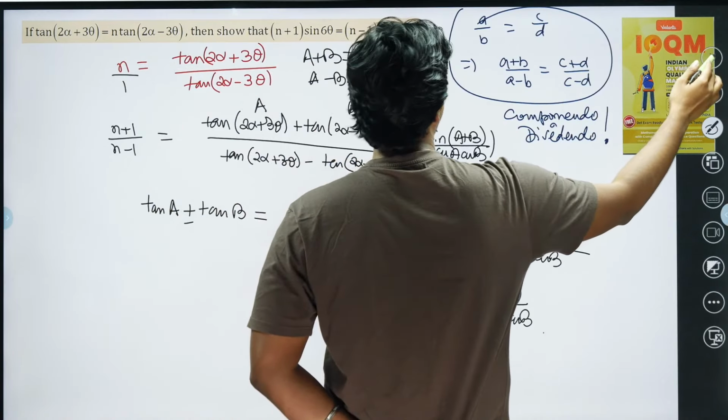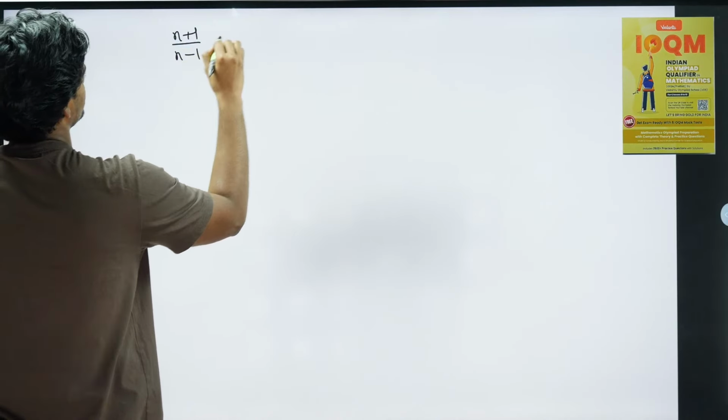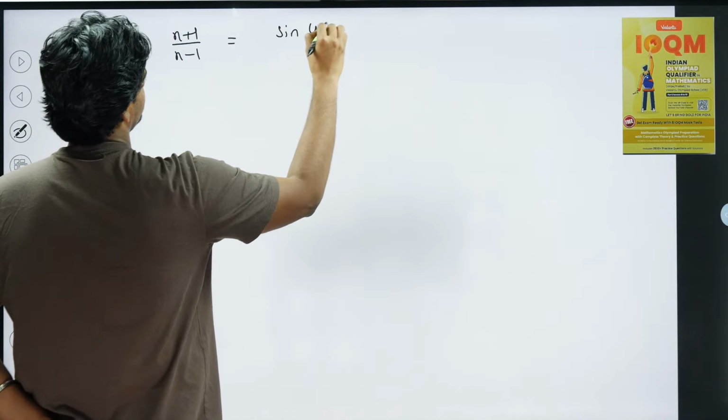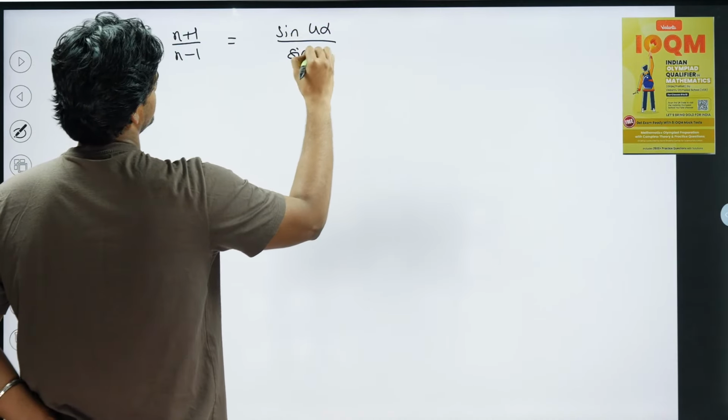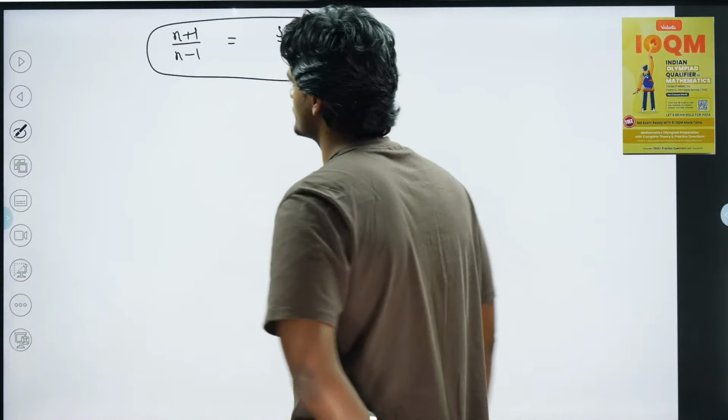So it directly happens that n plus 1 by n minus 1 is equal to sin 4 alpha by sin 6 theta. That's it. Easy question.